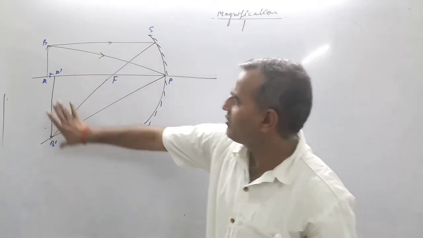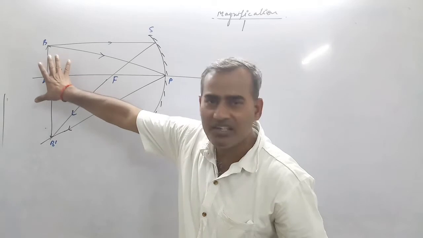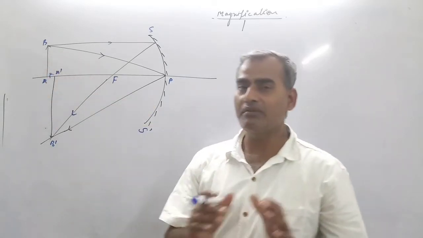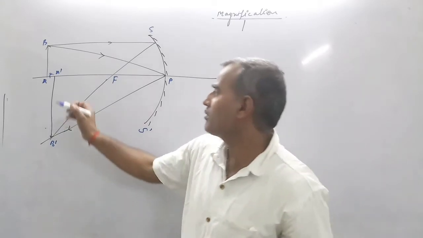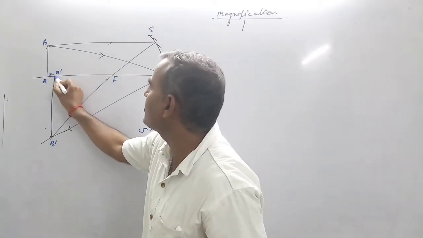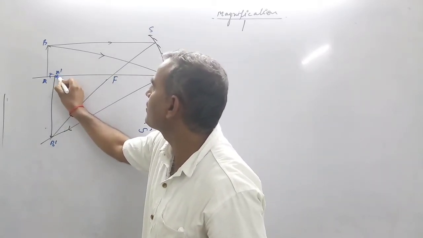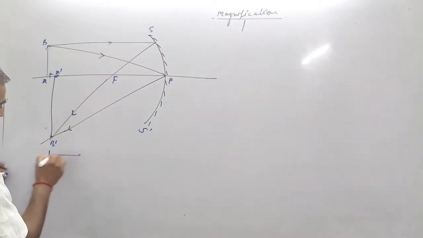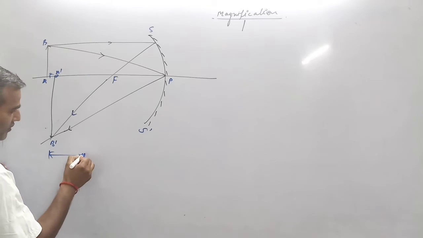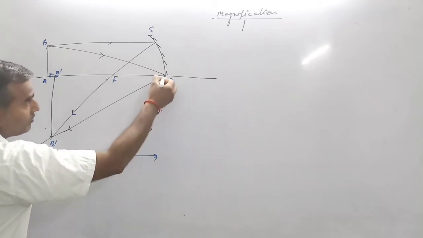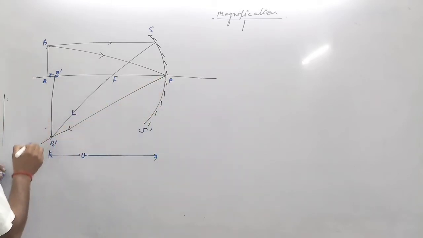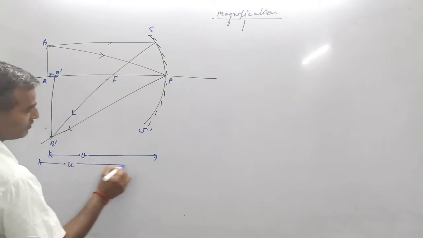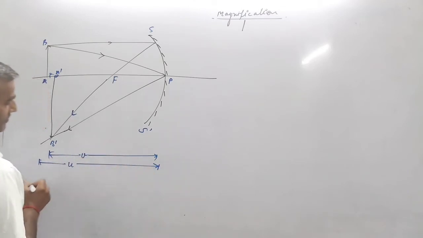Here the height A dash B dash upon AB is the linear magnification, and when the image forms, an axial extension is also there. If you assume this is the distance of the image V from the pole, and this is the distance of the object from the pole.